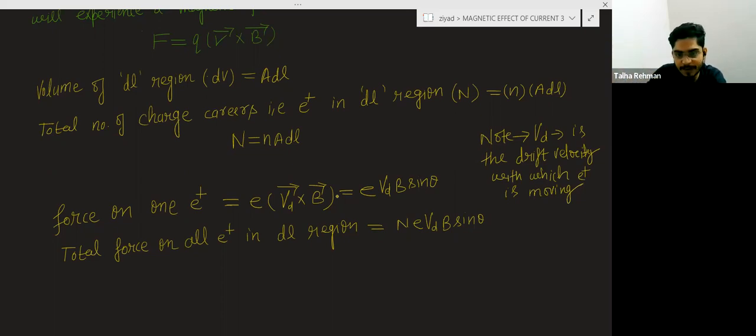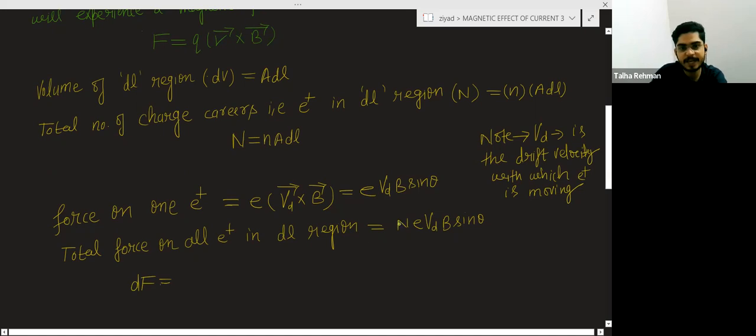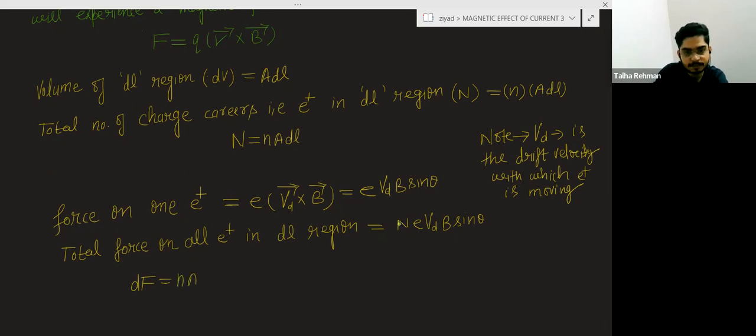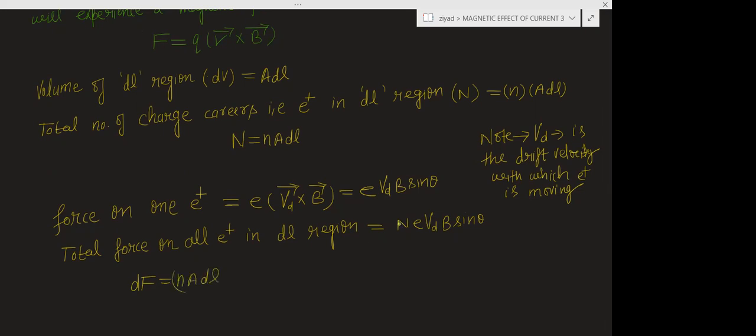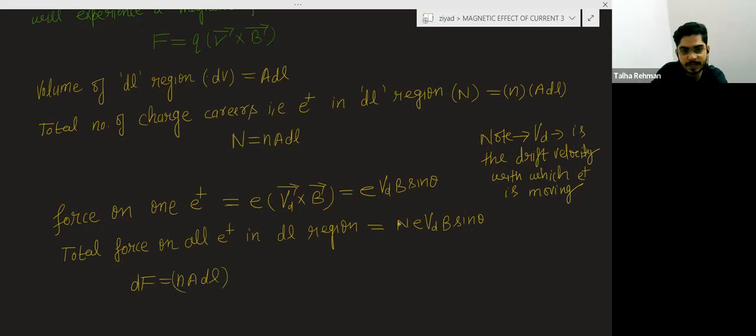Now put the value of capital N. So the total force will be dF, and now put the value of capital N, n A dl, and this will be e vD B sin theta.